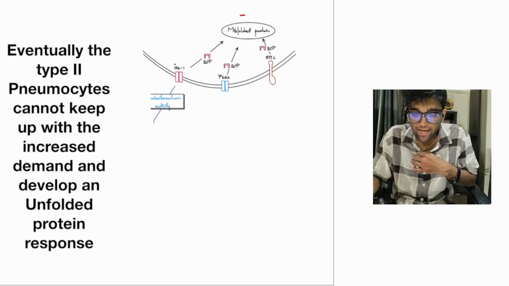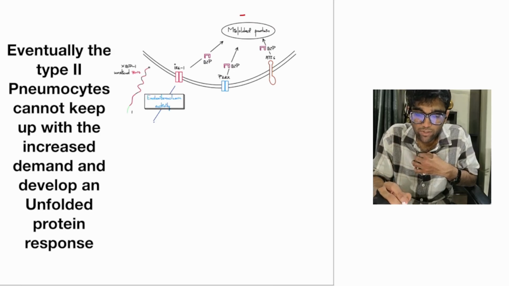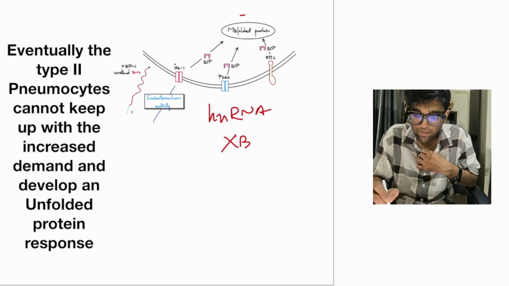And what does IRE1 do? IRE1 has an endonuclease or endoribonuclease function. Specifically, it acts on the unspliced heteronuclear RNA of a protein called XBP1.